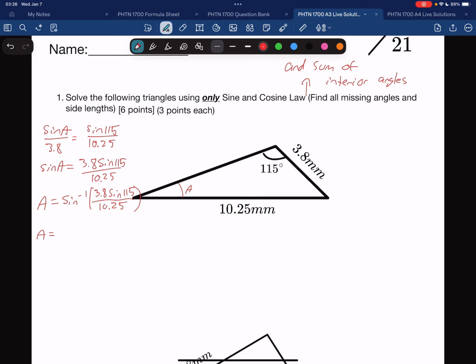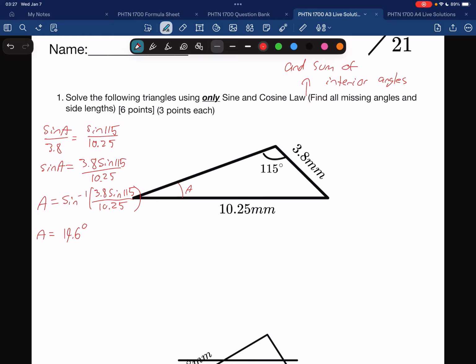Running this into my calculator, I get, let's call this, 19.6 degrees.